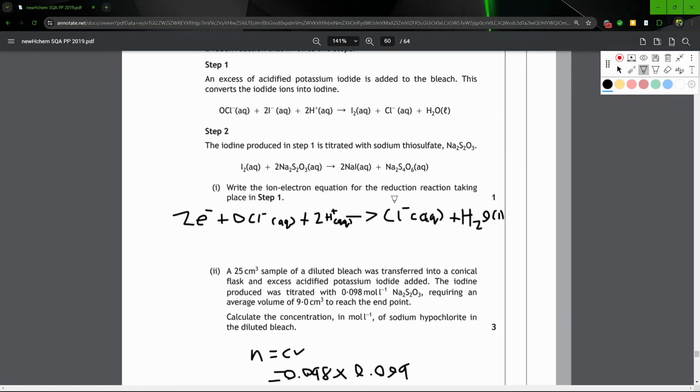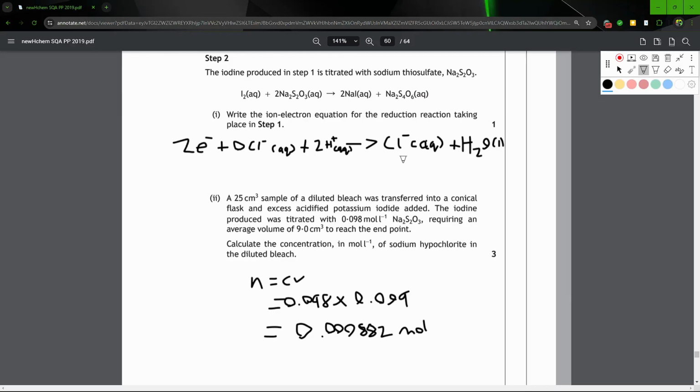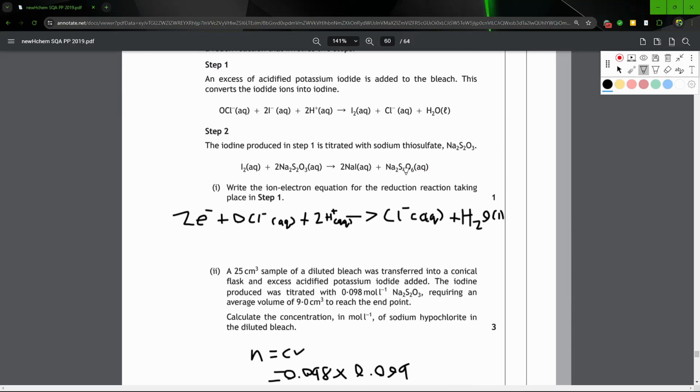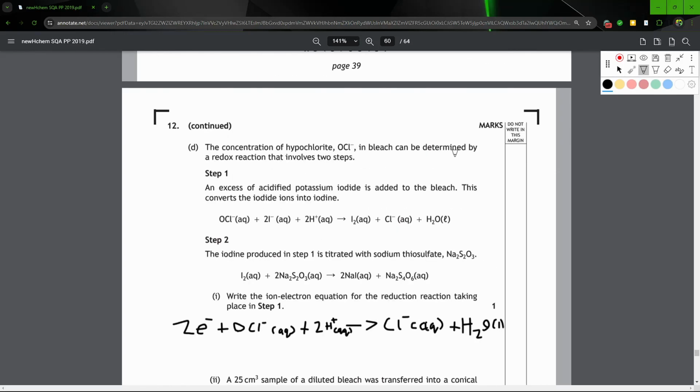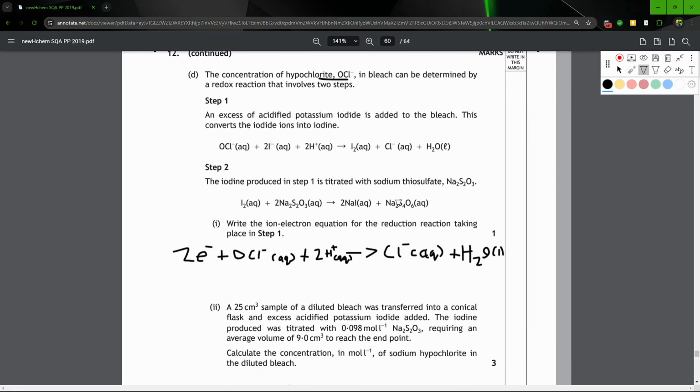So that means we now know that we've got 0.00082 moles of thiosulfate, and we want to calculate the sodium hypochlorite.